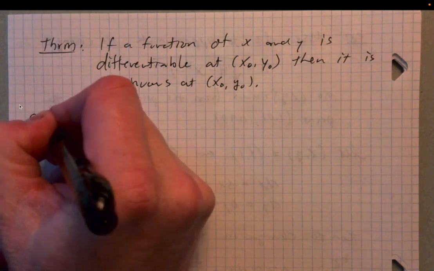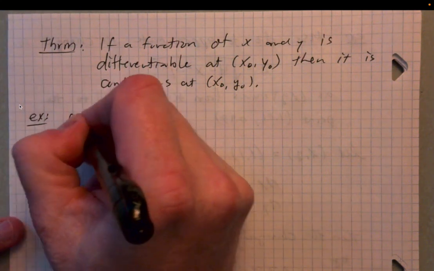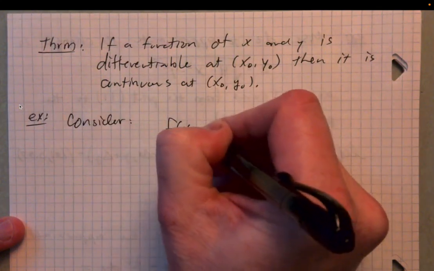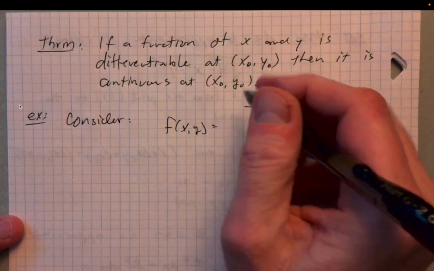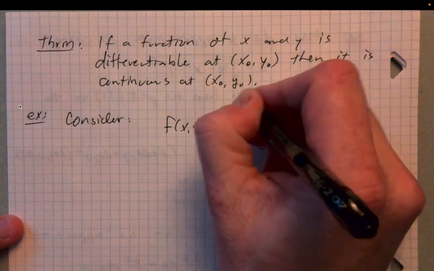Let's consider this function. Consider f of x, y, where the function is negative 3x over x squared plus y squared, or it's 0.